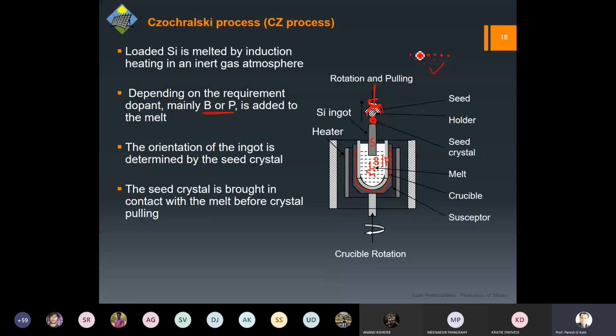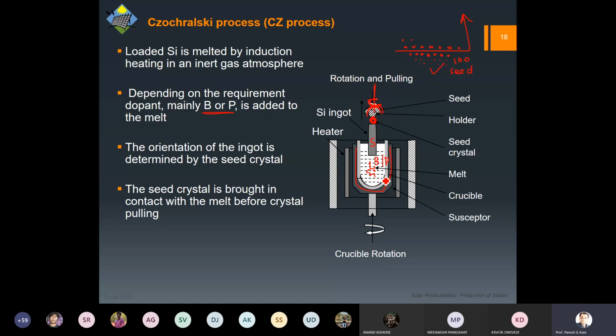When it comes into contact, the new silicon atoms will sit exactly as per the arrangement we already have. So if 100 is in the seed, then the same arrangement will be followed throughout this ingot. Slowly you touch it and you move it up.